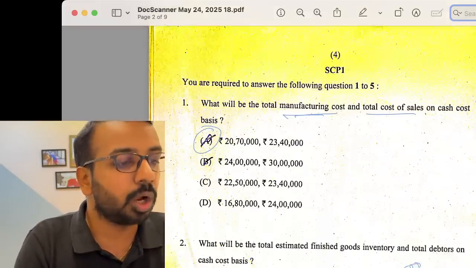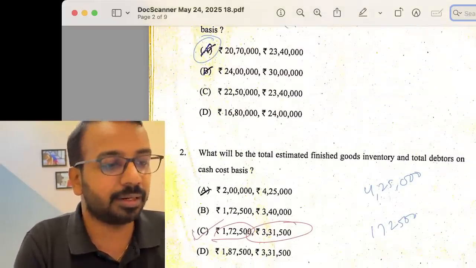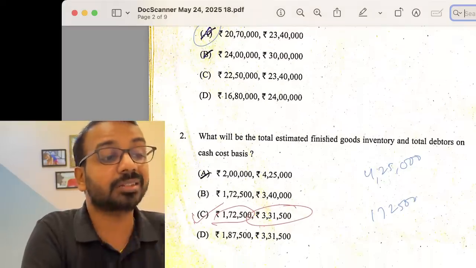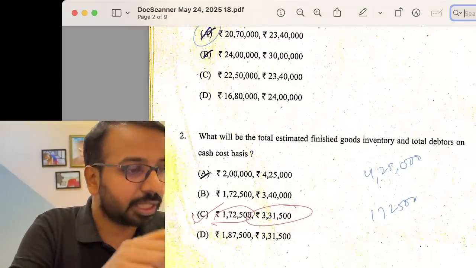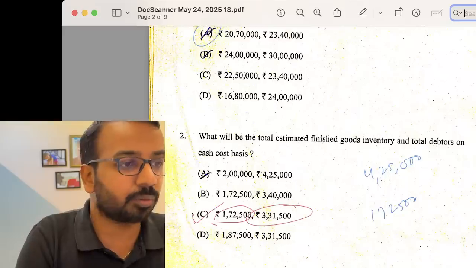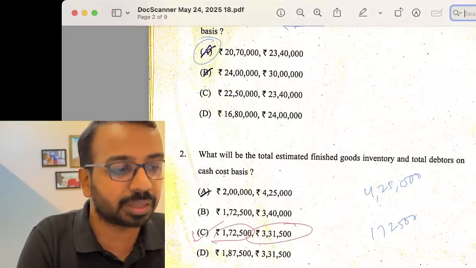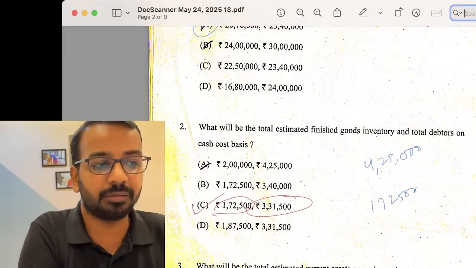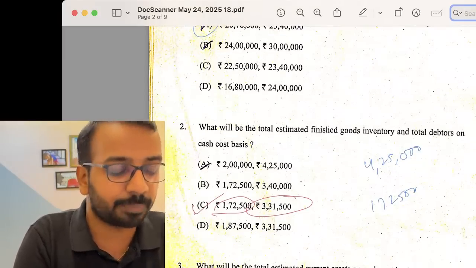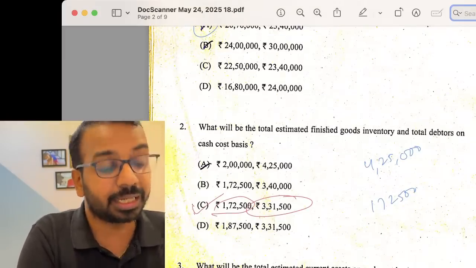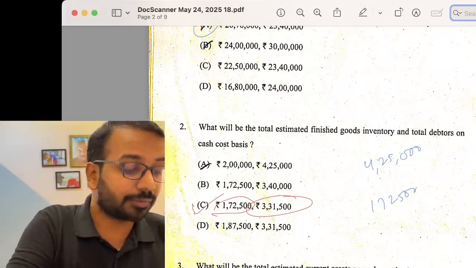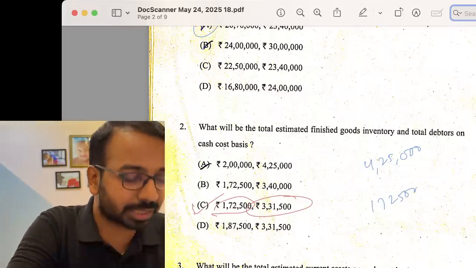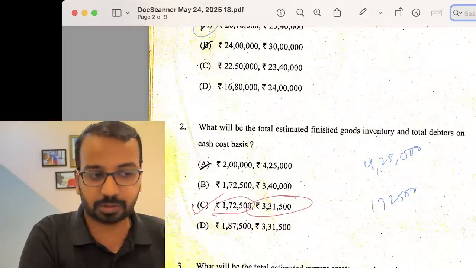Then the second one: what will be the total estimated finished goods inventory and total debtors on cash cost basis? Here, manufacturing cost we have considered as 2070. Based on that, one month of inventory gives us 172. When it comes to debtors, we have considered manufacturing cost plus admin cost and selling cost, because that is also our cash cost.